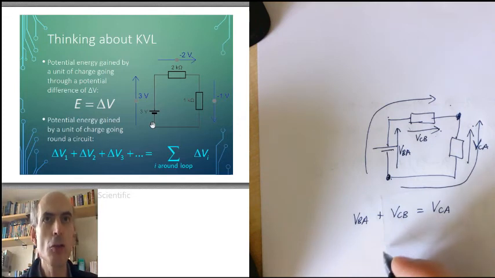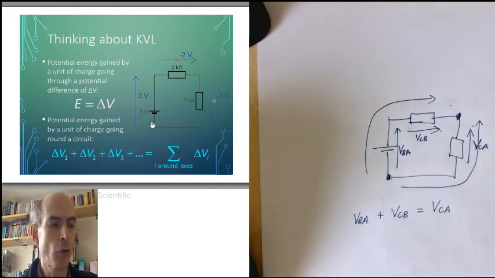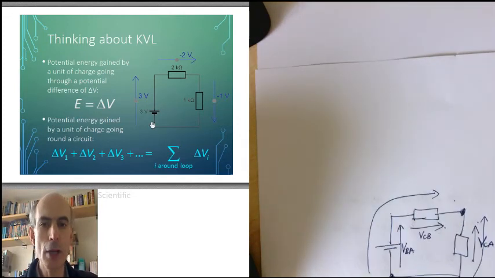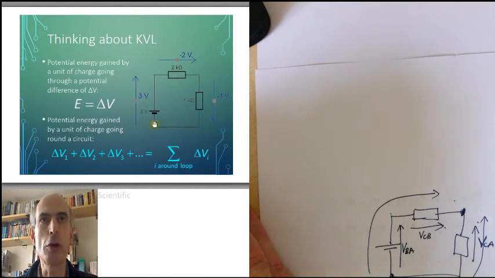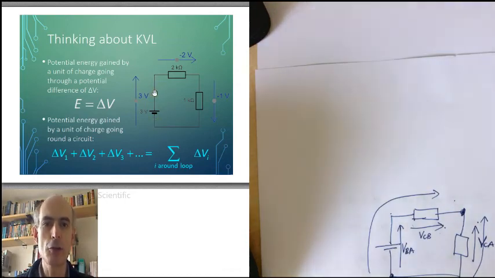It takes 1 joule to move 1 coulomb through a potential difference of 1 volt. So, if we've got 1 coulomb, a unit charge, moving around this circuit, then we have to do 3 joules of work to get that charge up through this battery. The battery has to do 3 joules of work, 3 joules of energy is being put into the circuit.